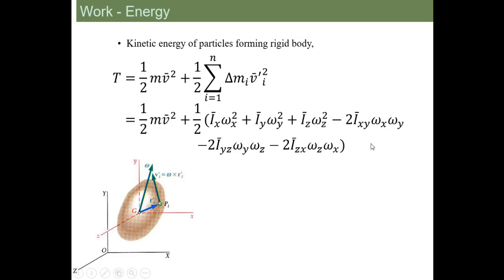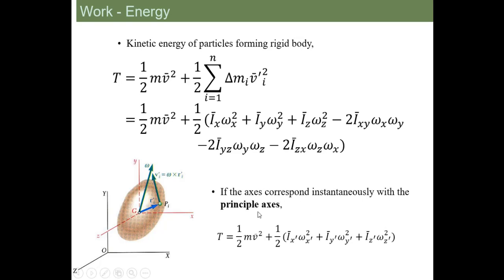Now, if we have something rotating around the principal axis, then we can get rid of all of these products of inertia, and it simplifies to Ix, Iy, Iz.